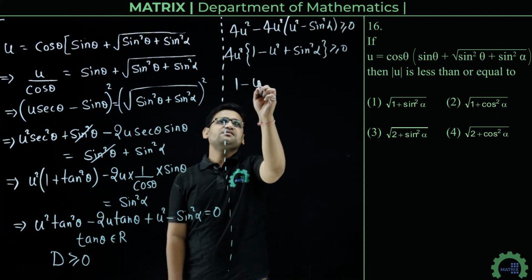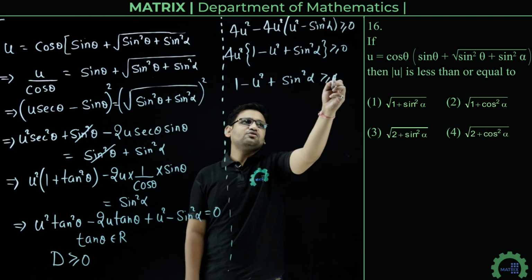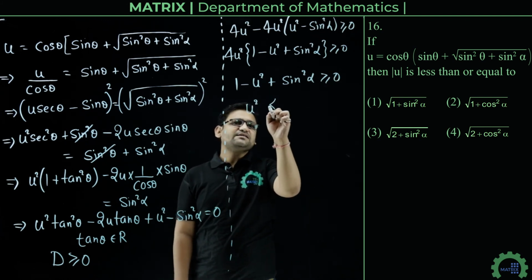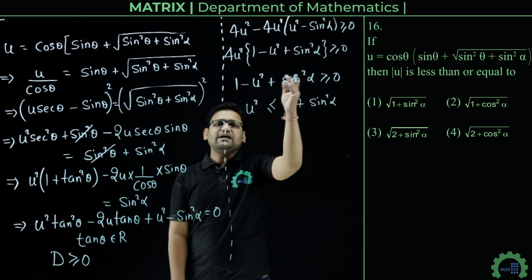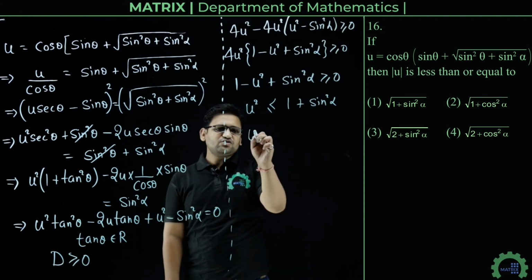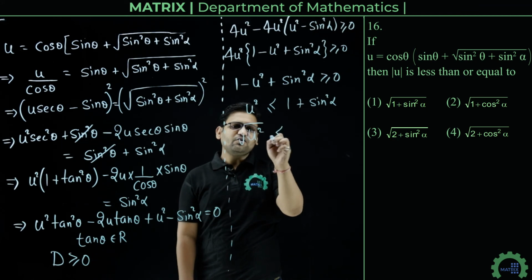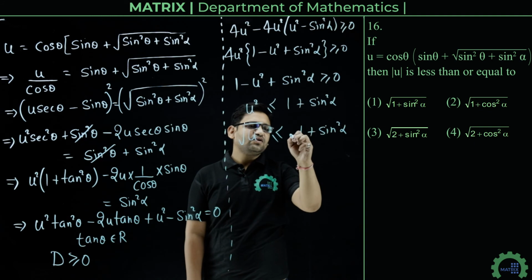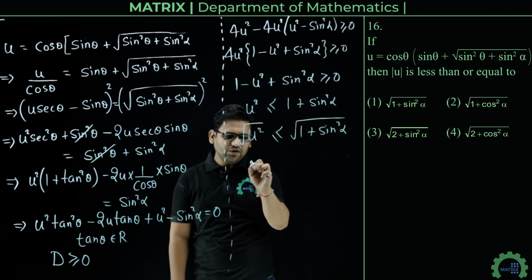So we can write 1 minus u square plus sine square alpha should be greater than or equal to 0, or we can say that u square should be less than or equal to 1 plus sine square alpha. On taking square root on both sides, we get square root of u square is less than or equal to 1 plus sine square alpha whole square root, and we know that the square root of u square is mod u.